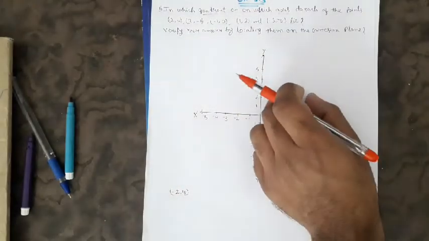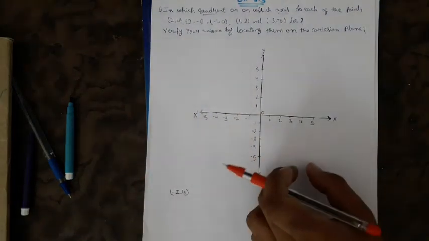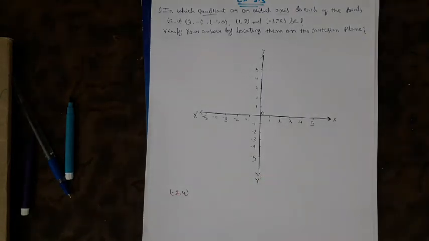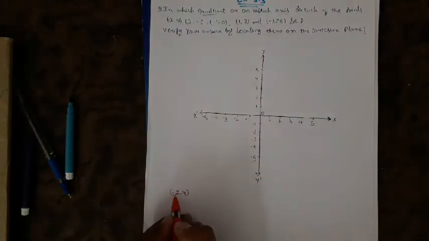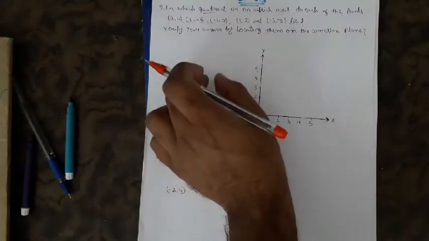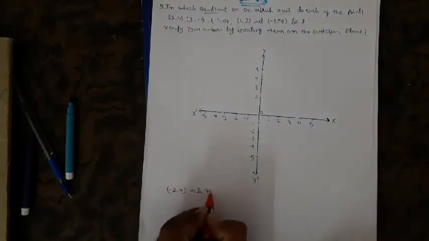In the first, both will be positive. Second, x negative, y positive. Third, both will be negative, and in the last quadrant, x would be positive, but y would be negative. So x is negative and y is positive, which means it would lie in the second quadrant.